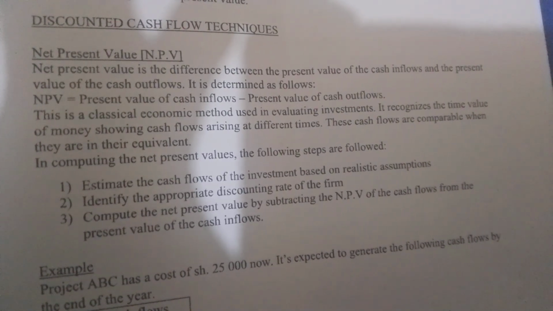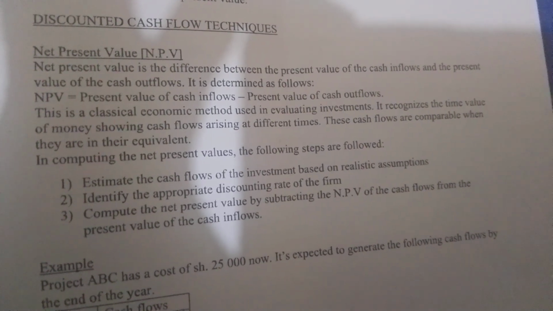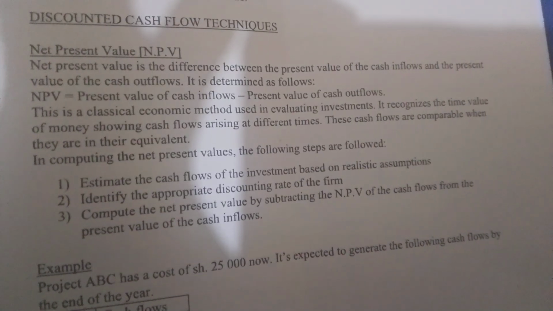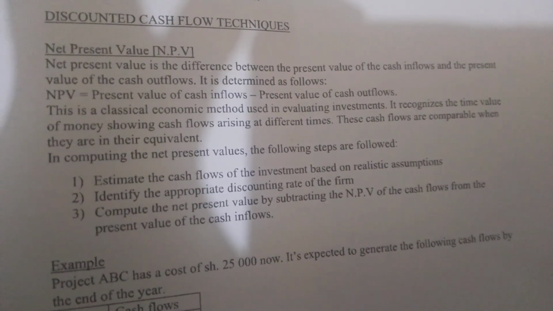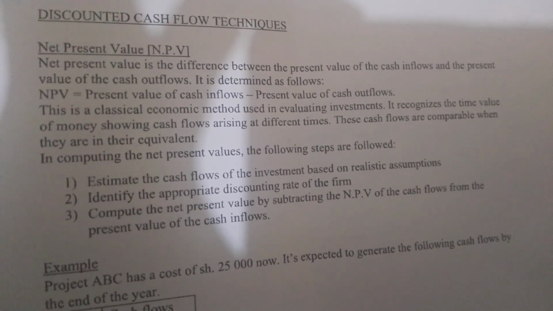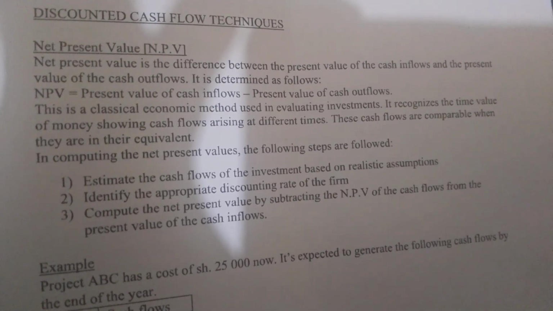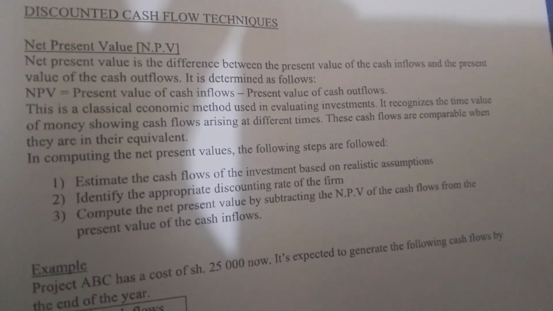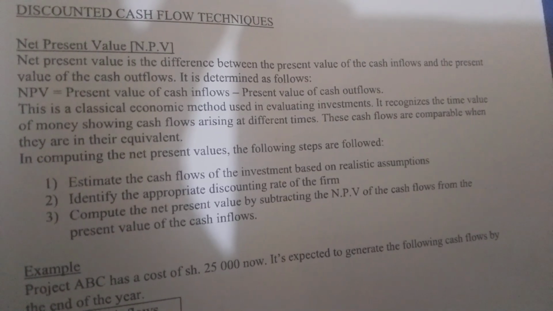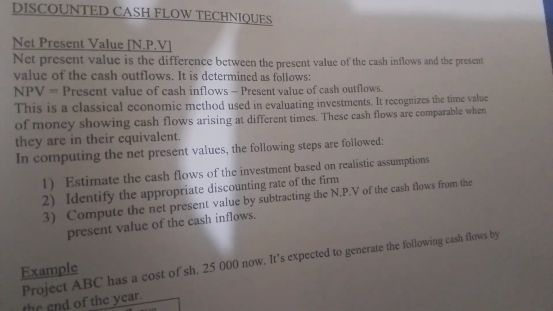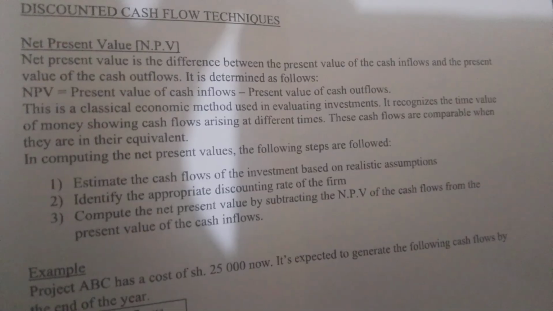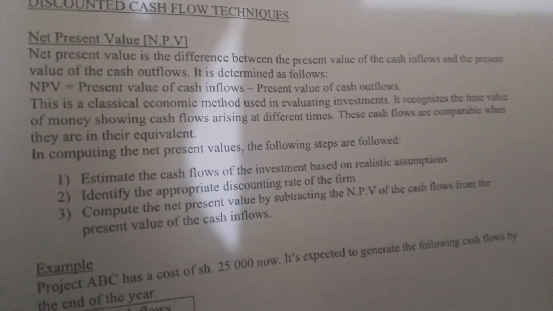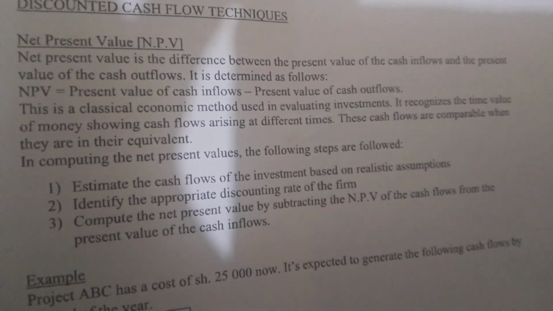With these future cash flows, you calculate the present value of those cash flows. Then once you get the present values of those cash flows, you deduct the initial capital outlay. Once you deduct the initial capital outlay, what you get is the net present value.